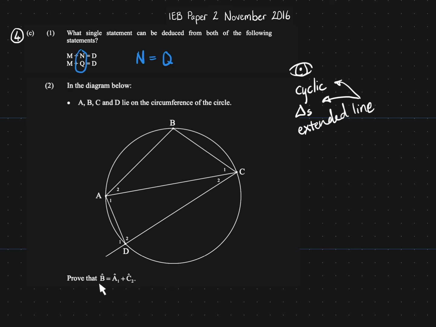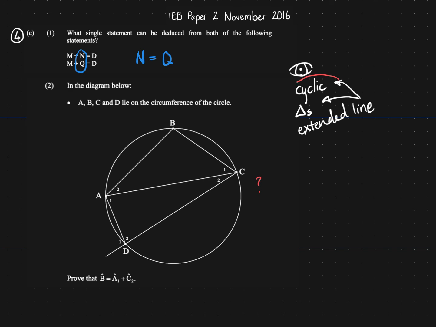It says prove that angle B is equal to A1 plus C2. Here's A1 and here's C2, and there's angle B. And this is a really good example why the act of writing down what we see is important. Because at first this looks completely like I can't see it.